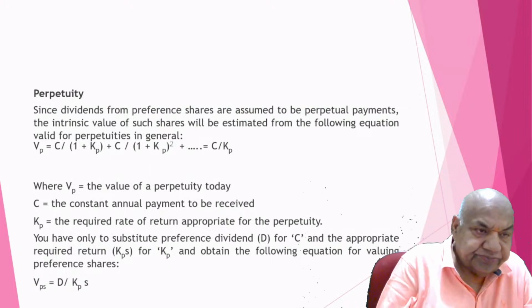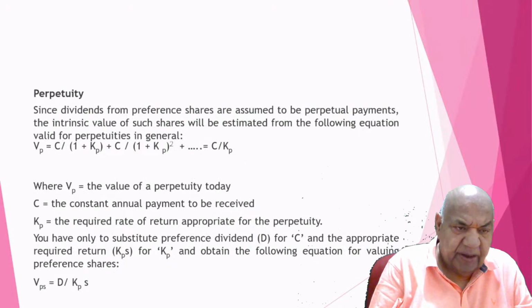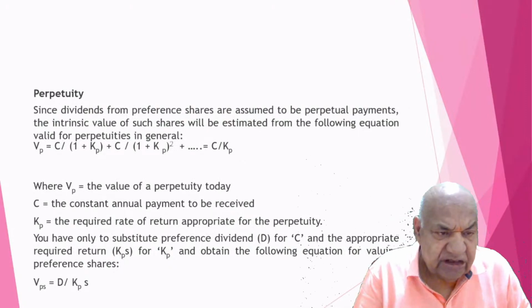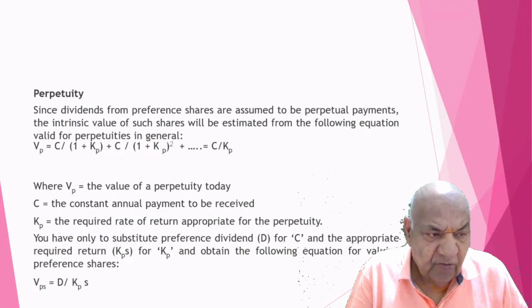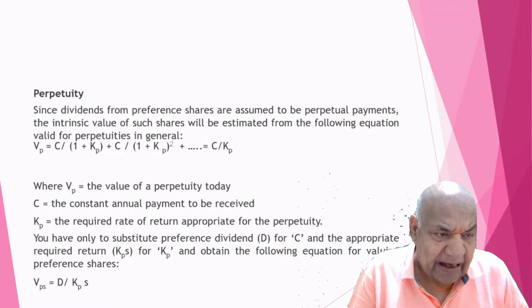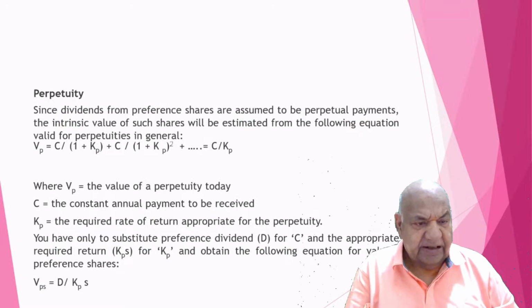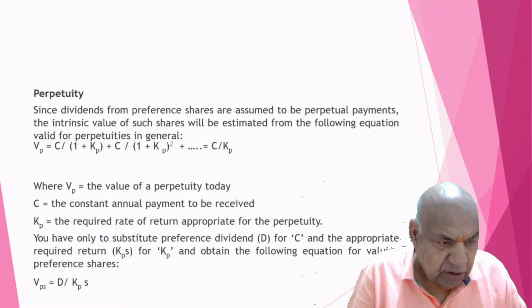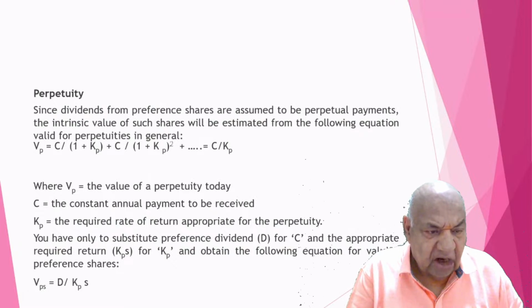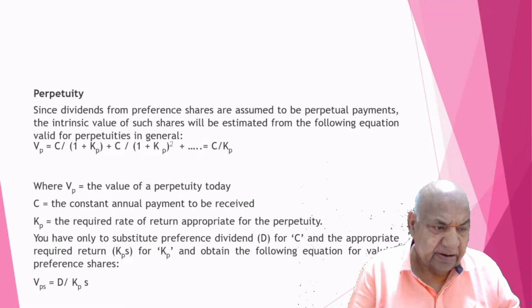Perpetuity. Since dividends from preference shares are assumed to be perpetual payments, the intrinsic value of such shares will be estimated from the following equation valid for perpetuity in general. VP, that is the value of perpetuity today, equal to C, that is the constant annual payment to be received or coupon rate.